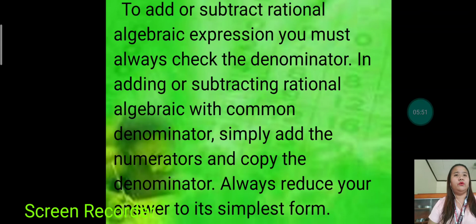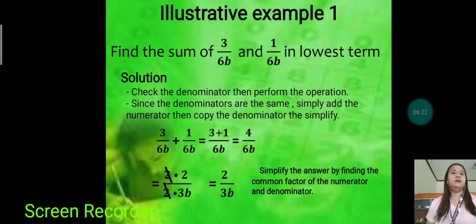As we all know, in adding and subtracting fractions, we just copy the common denominator and perform the operation in the numerator. It is always the same for rational algebraic expressions: we copy the denominator and then perform the addition or subtraction in the numerator. So here is the first example.